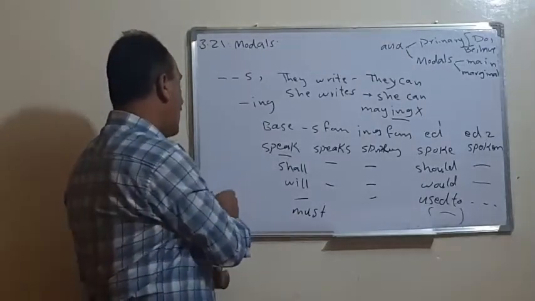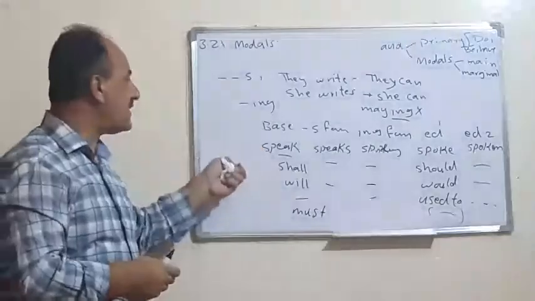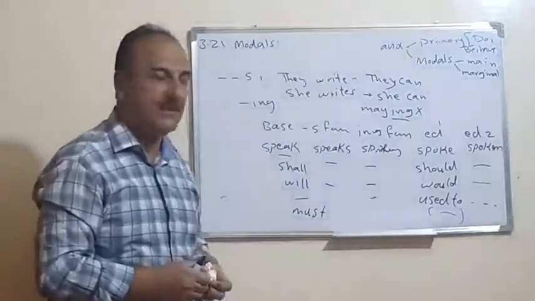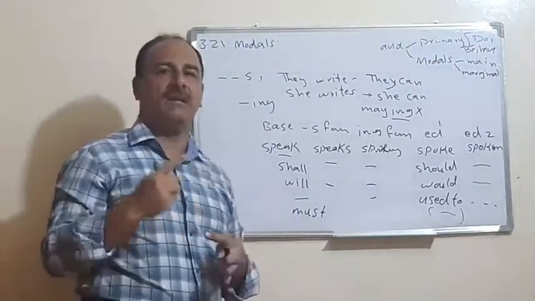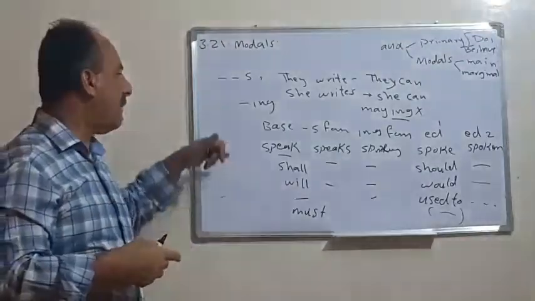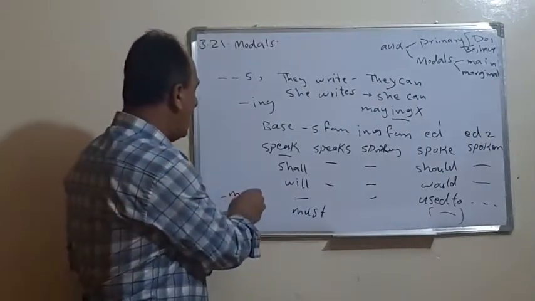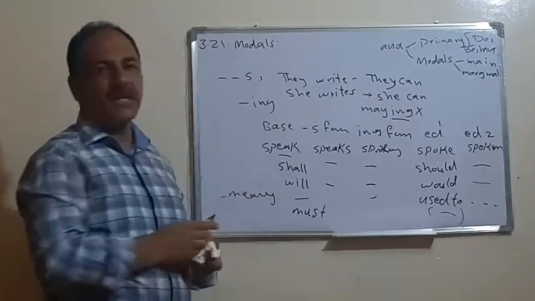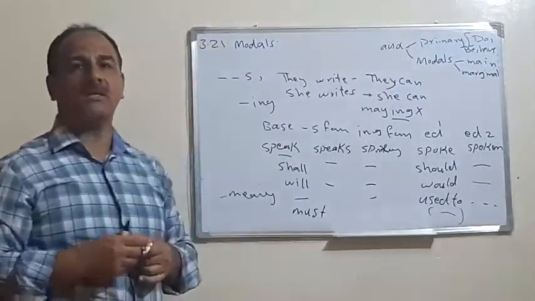The third case concerning the modals is their meaning. These verbs have different meanings. Means they have obligation, permission, likelihood, possibility, ability, etc. And finally, why do we call them auxiliaries? Because we do not use them mostly alone.